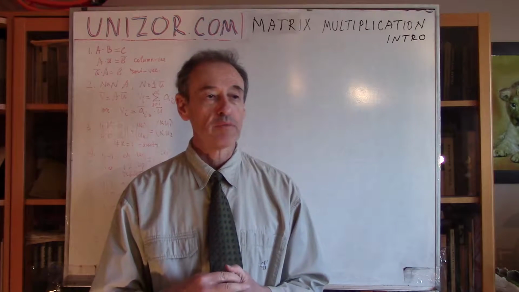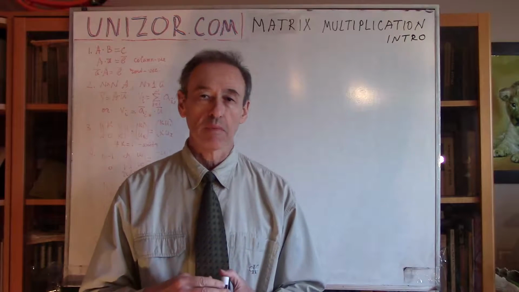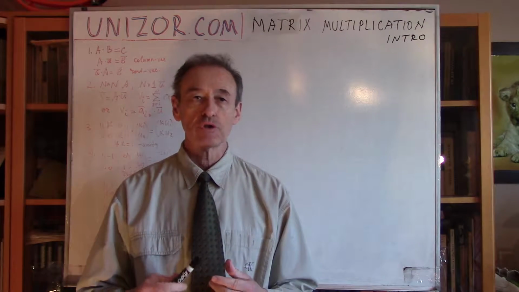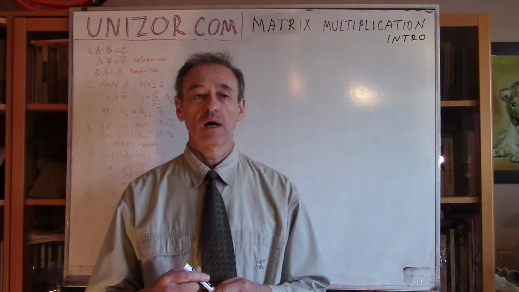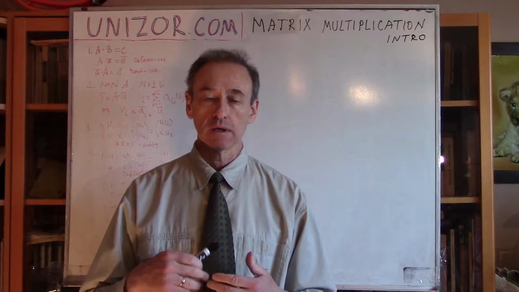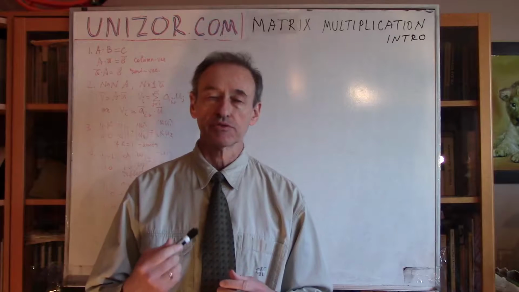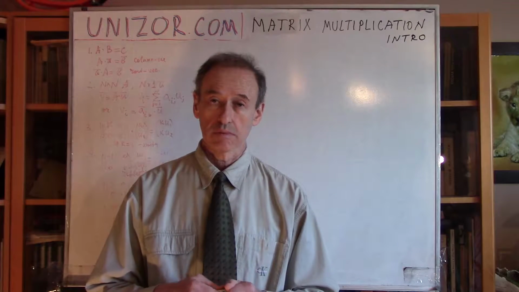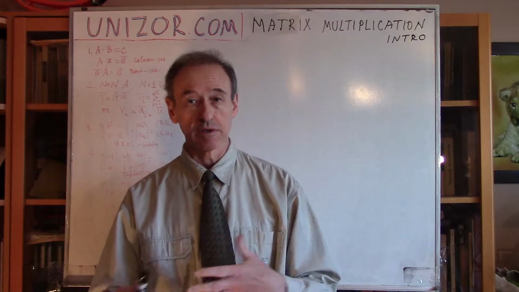Why? Well, primarily because we have devised the multiplication in such a way that it actually represents the consecutive transformation of the space, transformation of the vectors in the space.